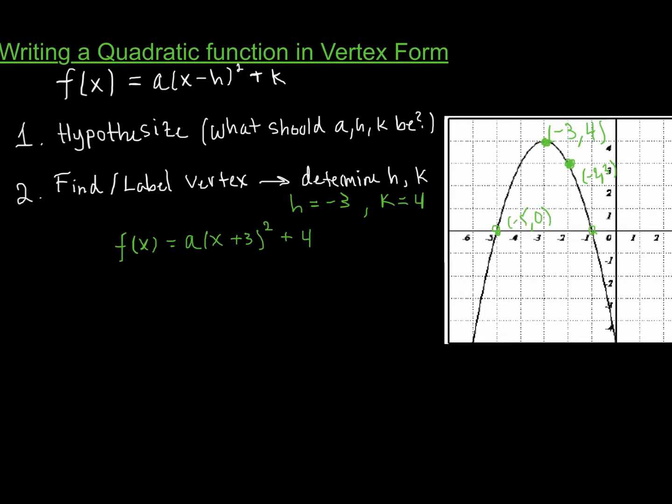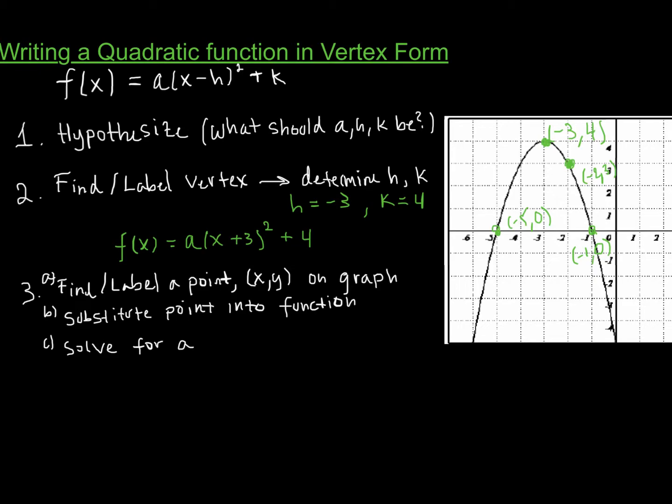This is very clearly -1, 0. Well, these are x and y values that you know work for your function. So what if you plugged in an x and a y value that you know have to be on your graph? If you plug in an x value and a y value, all you'd have left that you don't know in that equation would be a. And so you could solve for a.